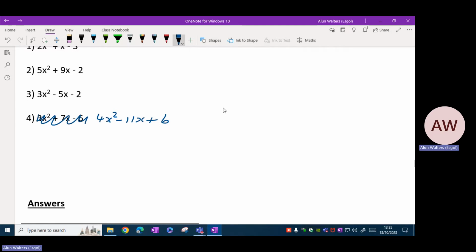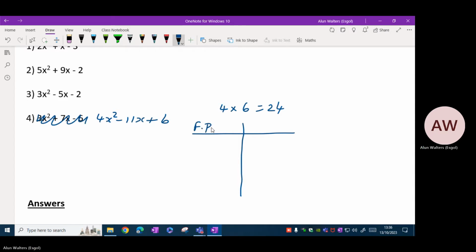We need a product of 4 times 6 is 24. The factor pairs should total to minus 11. I want a product of factor pairs equal to 24, and I want a total equal to minus 11.